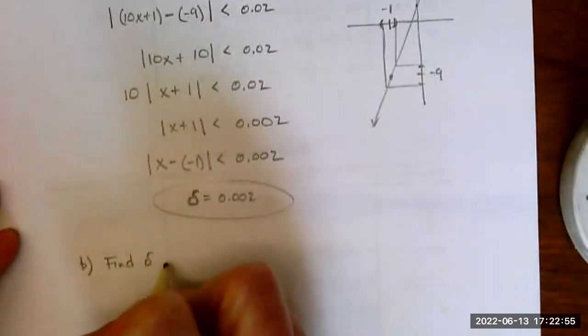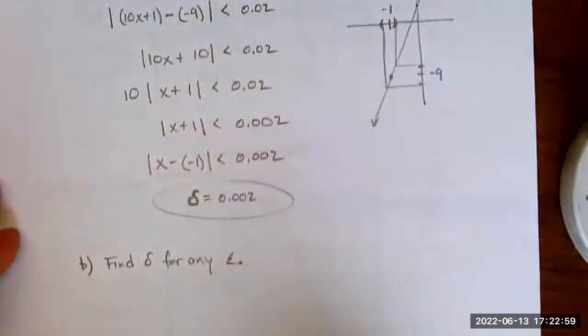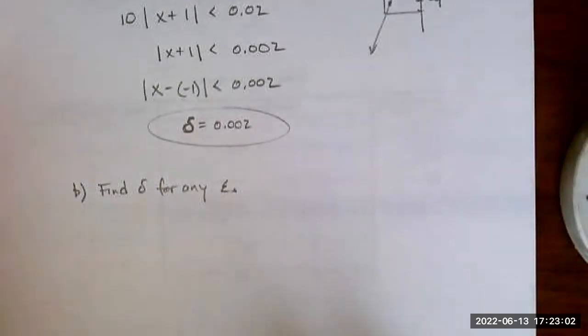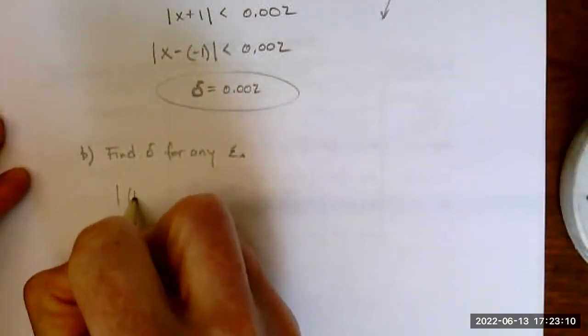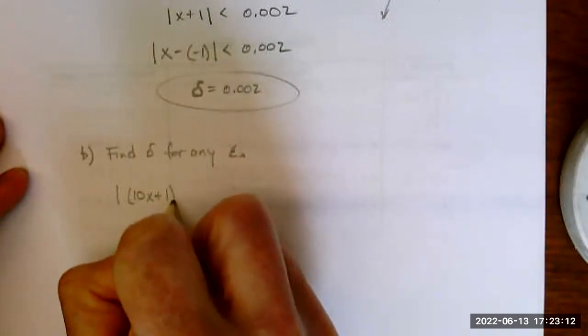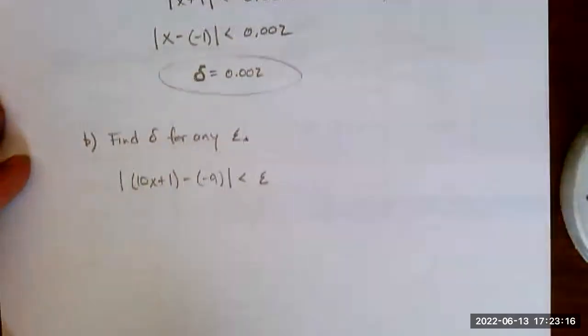Part B, find delta for any epsilon. Well, we could probably guess the answer already, right? Knowing it's 1/10. But I'll show it to you from the beginning. So we'd say the absolute value of 10x plus 1 minus -9, this time less than epsilon.